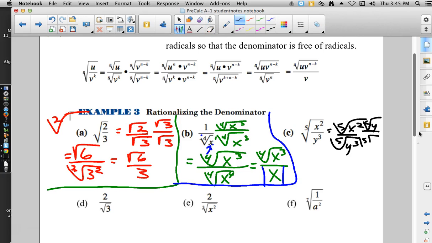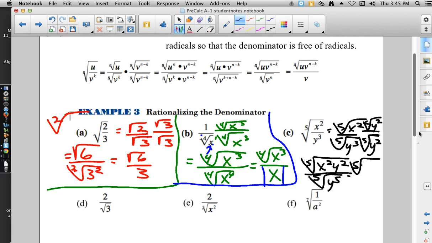So I start thinking, all right, well, next thing to do would be to get 5 of them. I'm going to need 2 more. And that will give me the fifth root of x squared y squared in my numerator, but the fifth root of y to the fifth in my denominator.